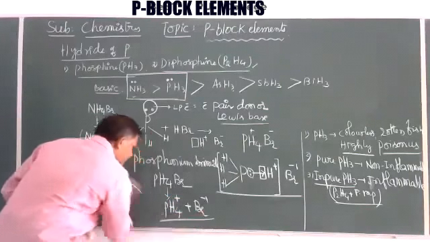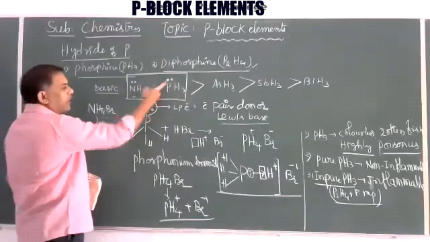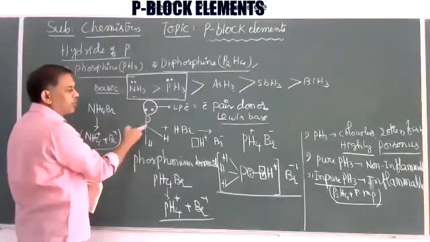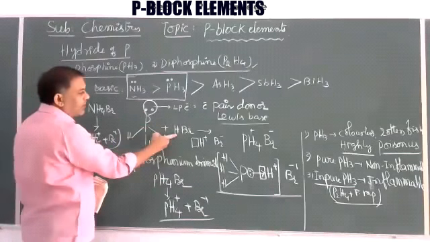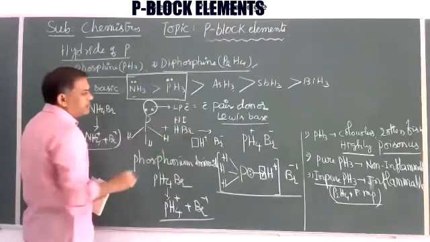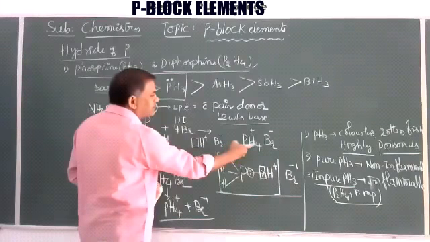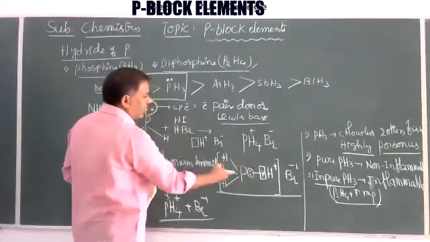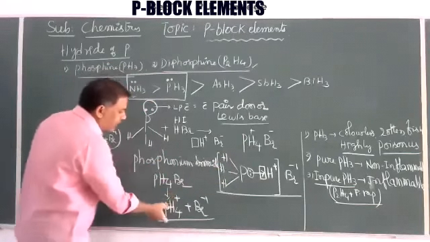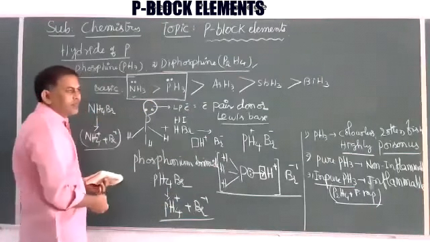So due to the presence of this lone pair on phosphorus, the phosphine molecule reacts with HBr, hydrogen bromide, or hydrogen iodide. It forms the corresponding phosphonium halides. That phosphonium bromide again ionizes, giving phosphonium ion plus Br minus.